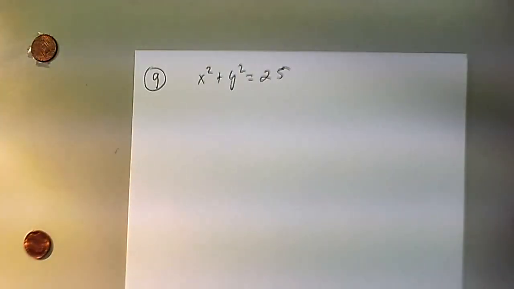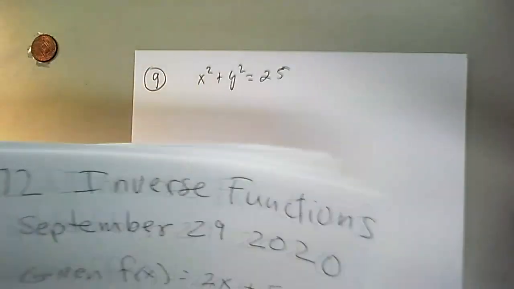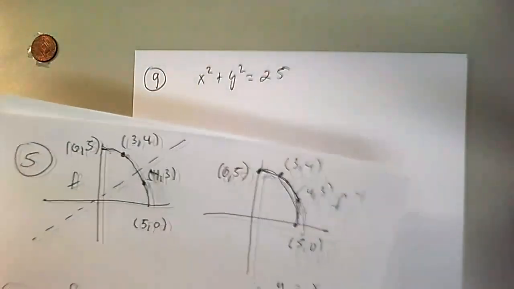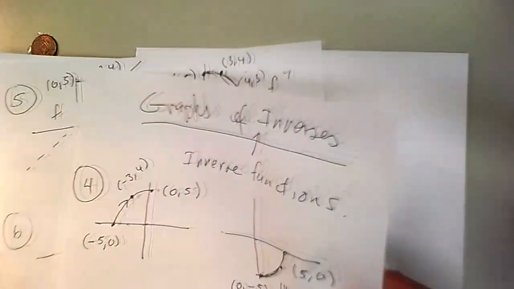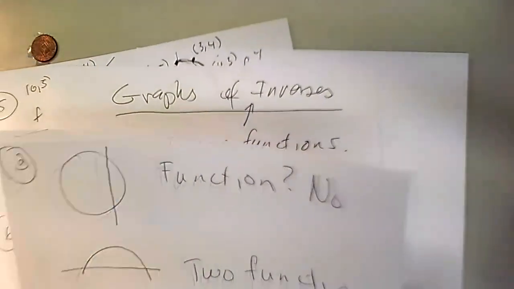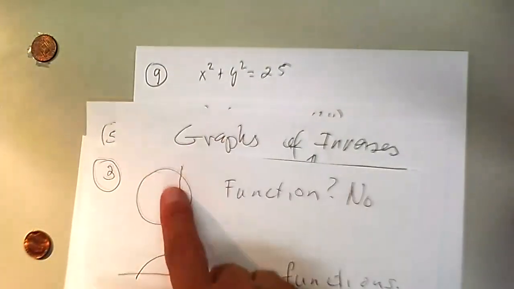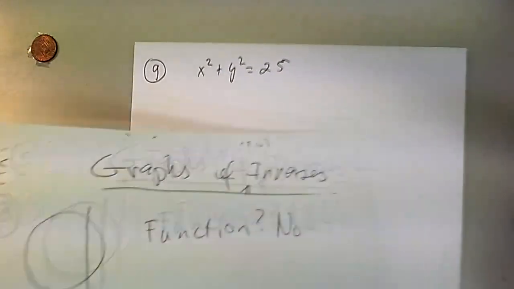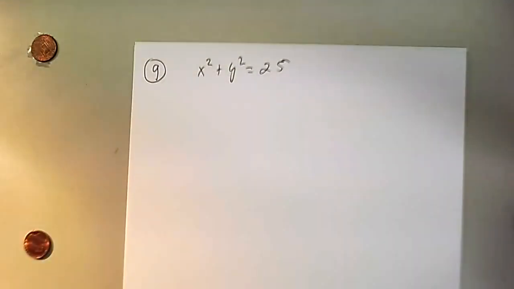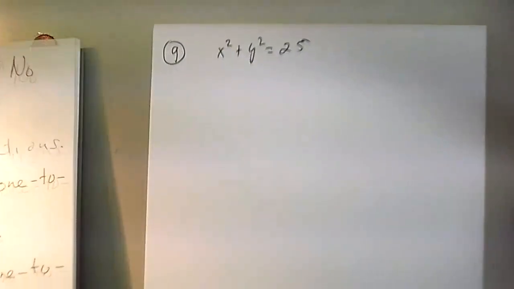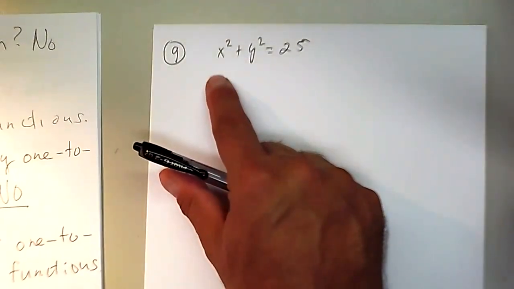How do we go about that? Okay, let's start with a circle, which is what we have. That's not a function. That is not workable, first of all. So I haven't written the actual problem yet.